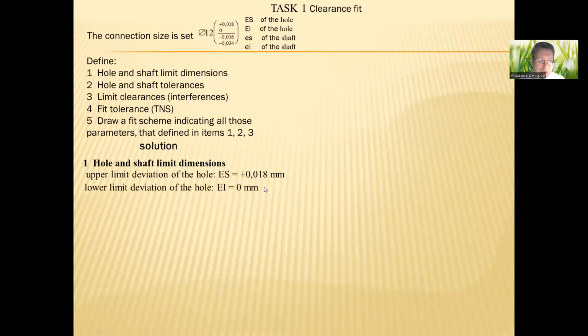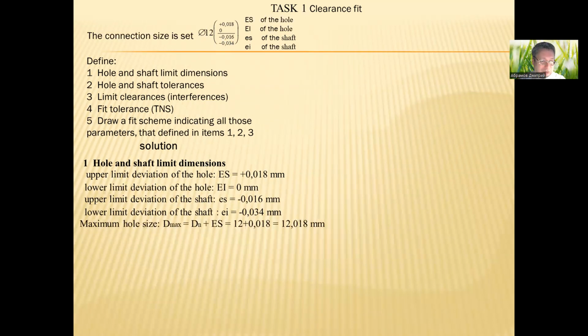Lower limit deviation of the hole, big EI, is equal 0 millimeters. Upper limit deviation of the shaft, small es, minus 0.016 millimeters. Lower limit deviation of the shaft, small ei, minus 0.034 millimeters.